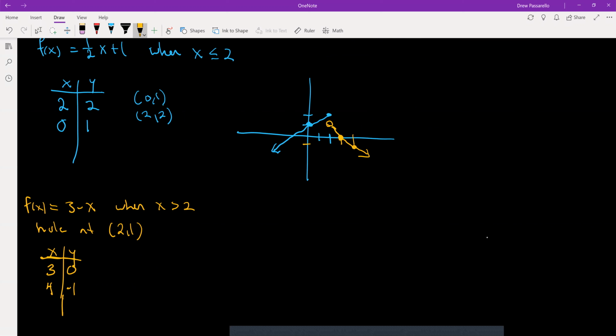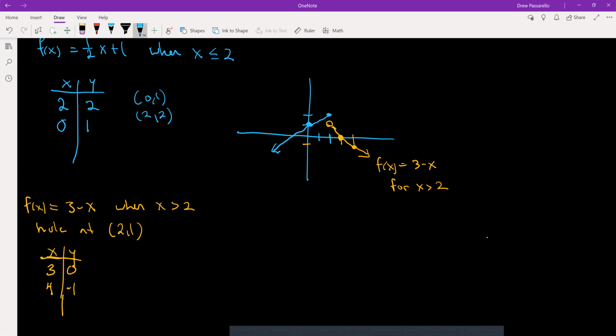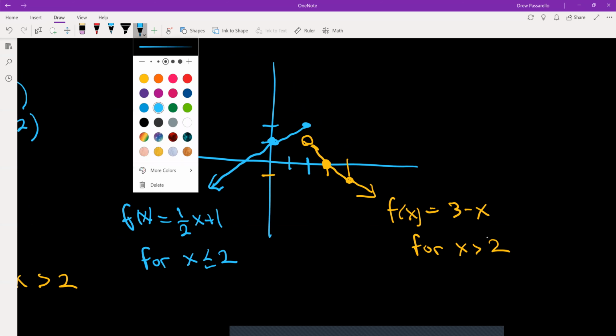All right, the yellow piece is 3 minus x when x is greater than 2. And then I have the other line, the blue piece: one half x plus 1 when x is less than or equal to 2. And because these two pieces don't connect, there's that gap or break in the graph.